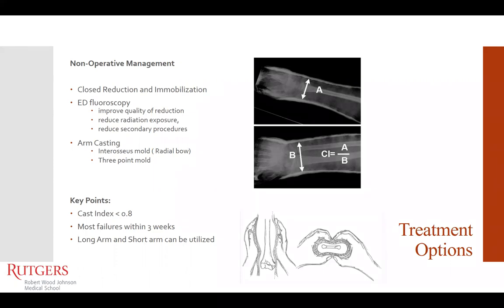There was a 2006 study that showed no differences in displacement between the two groups, and potential benefits to including patients in a short cast with better range of motion early on. Kamal et al. identified the cast index as being less than 0.8 as an ideal number. Basically, anything above this is associated with increased risk of loss of reduction, which means an increase in 10 degrees of angulation or greater than 20 degrees of displacement compared to your post-reduction films.